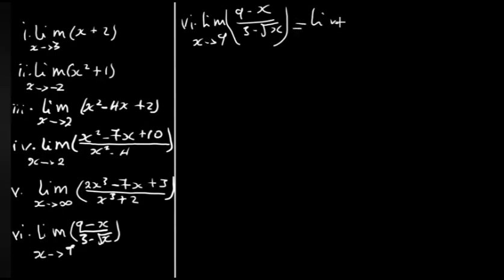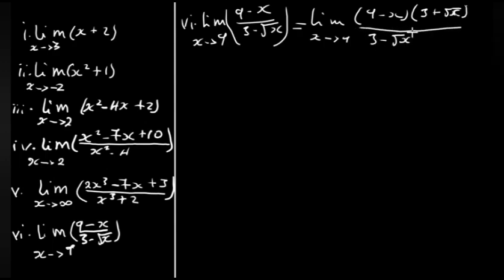Alright, so we have limit as x approaches 9 of 9 minus x multiplied by the conjugate, which is 3 plus root of x, all divided by 3 minus root x times 3 plus root x.